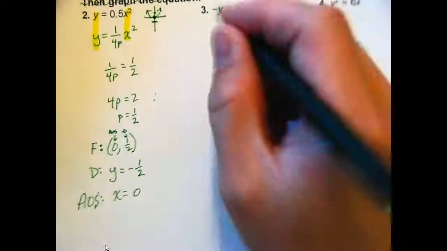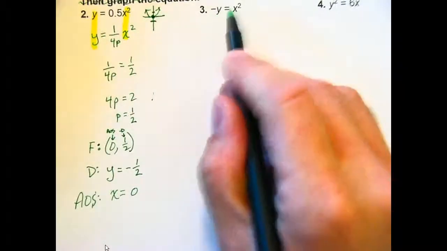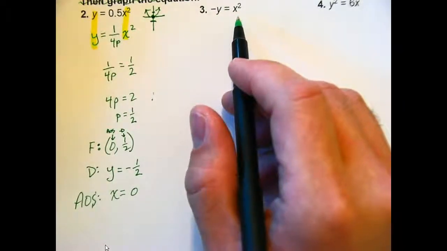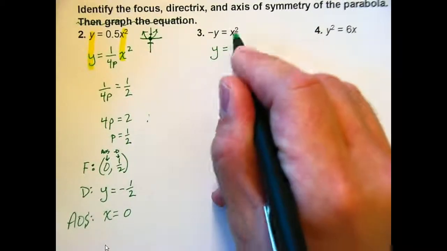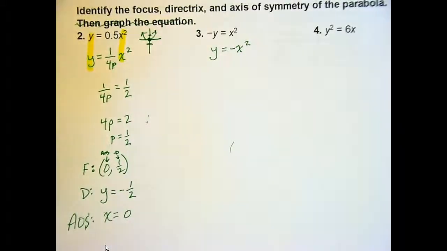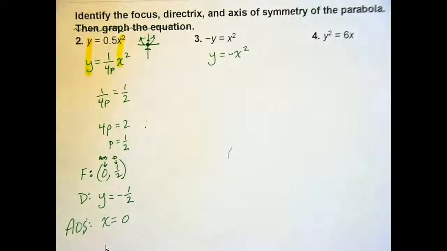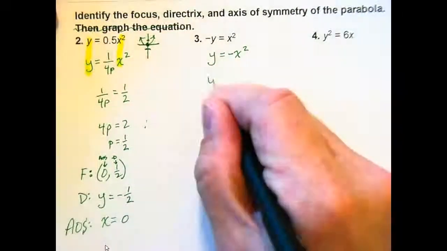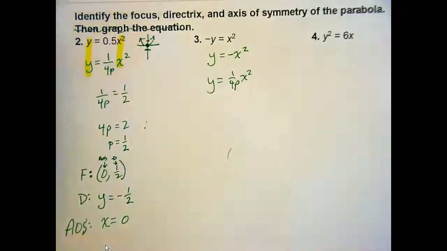Okay. So when you're looking at this one, what's wrong with this one right away? It's negative y. So let's make it positive y, which is going to make this negative x squared. So once again, if you think of it as y equals 1 over 4p x squared, these pieces are the same.